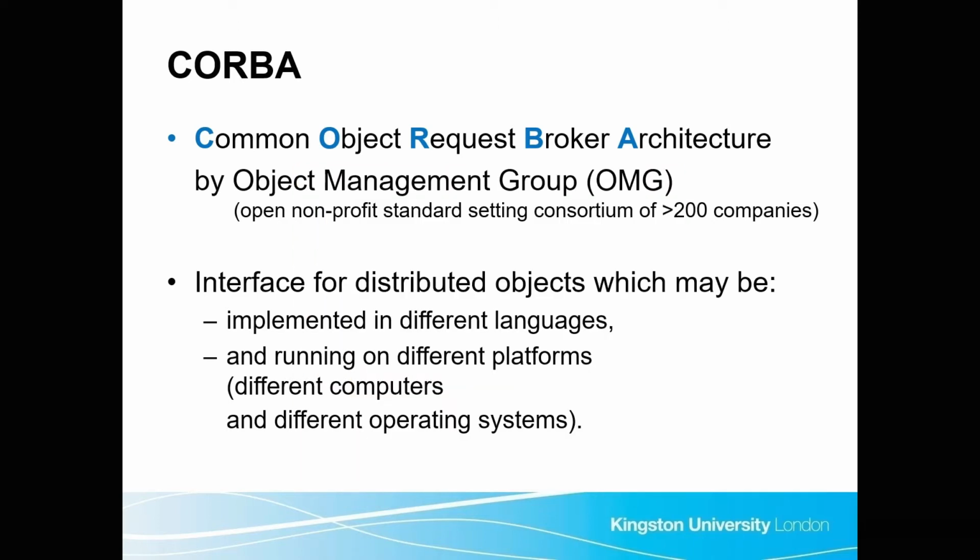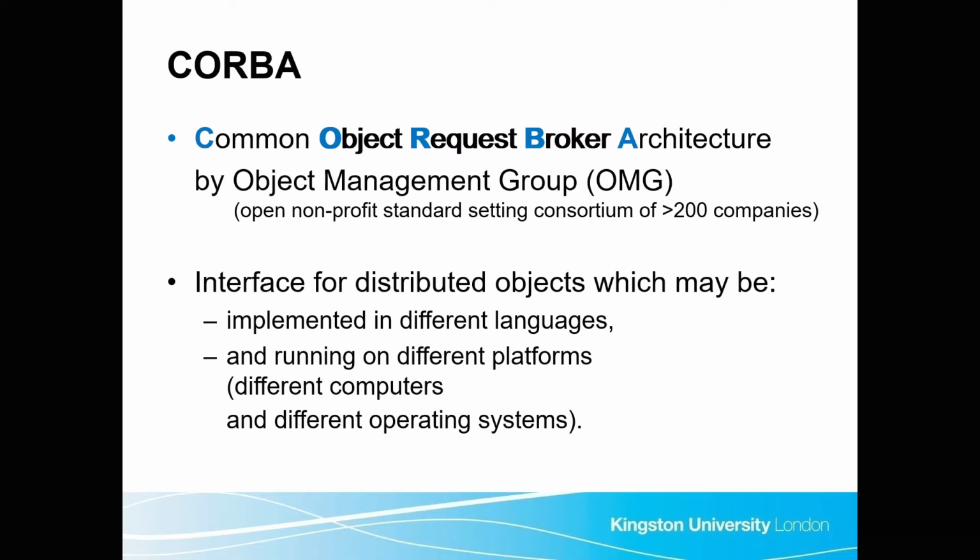So CORBA stands for Common Object Request Broker Architecture. The central part of this name, the Object Request Broker, or ORB, is the key part of this architecture, and it will be explained a little bit later.